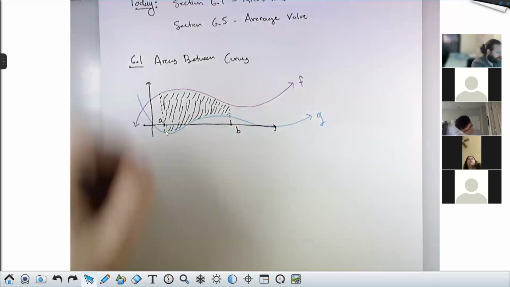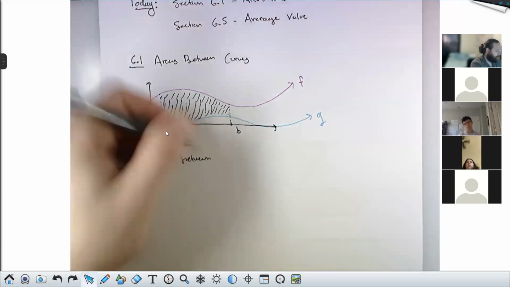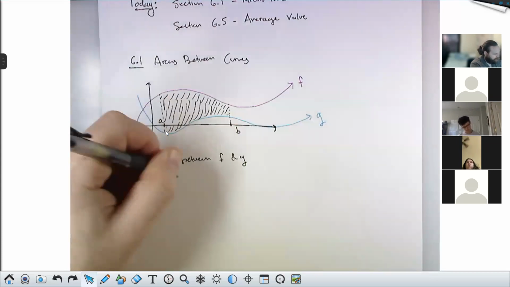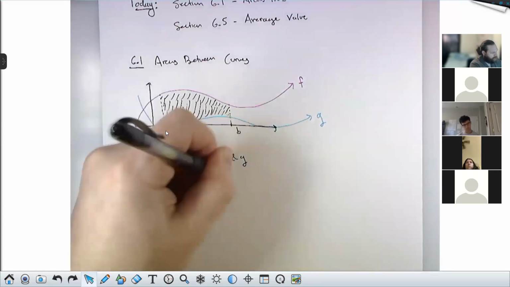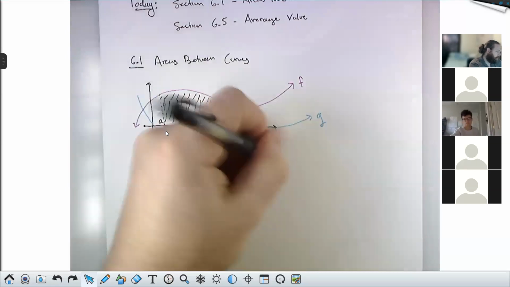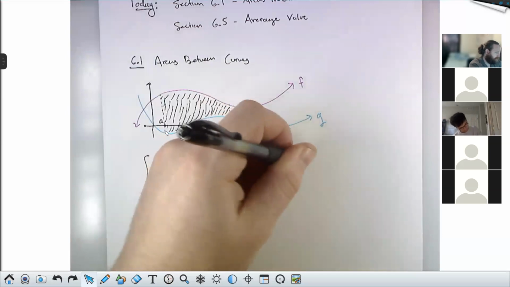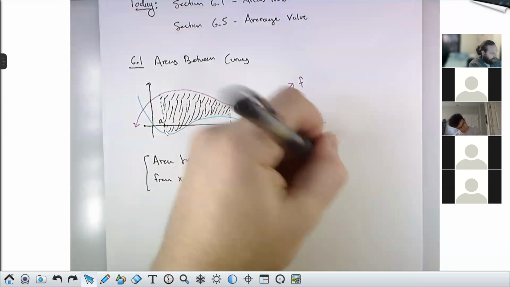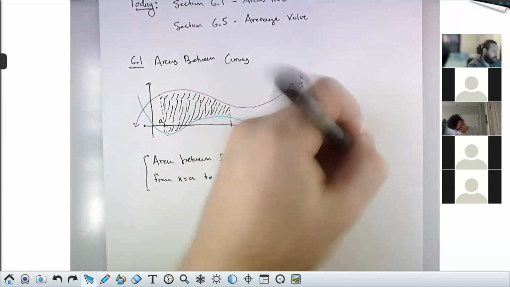So the area between these curves, between f and g, from x equals a to x equals b, is going to be the integral from a to b of f of x dx, that's the area under f, minus the integral from a to b of g of x dx.